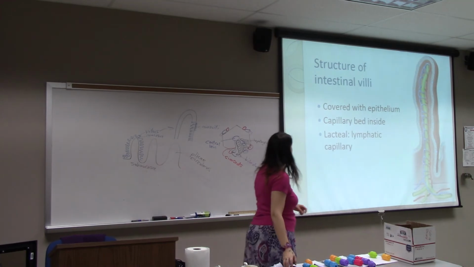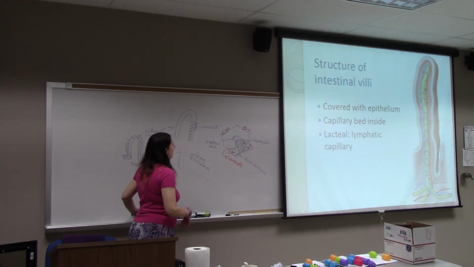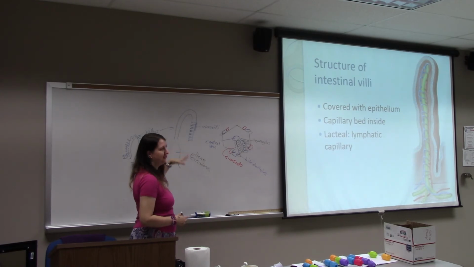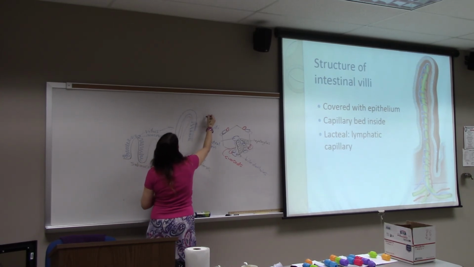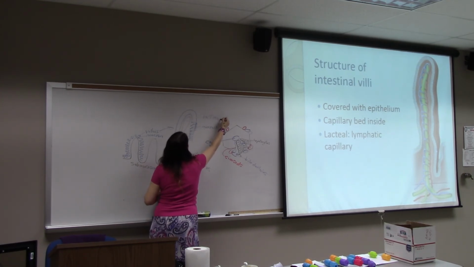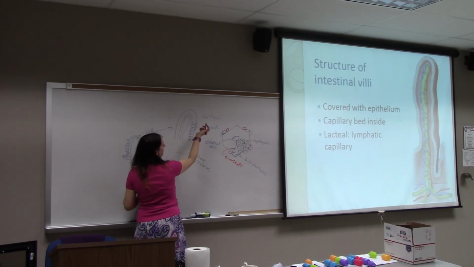In addition to the epithelium with microvilli, on the inside of each villus is a lymphatic capillary called a lacteal, and a network of blood capillaries. I'll just do those in red.